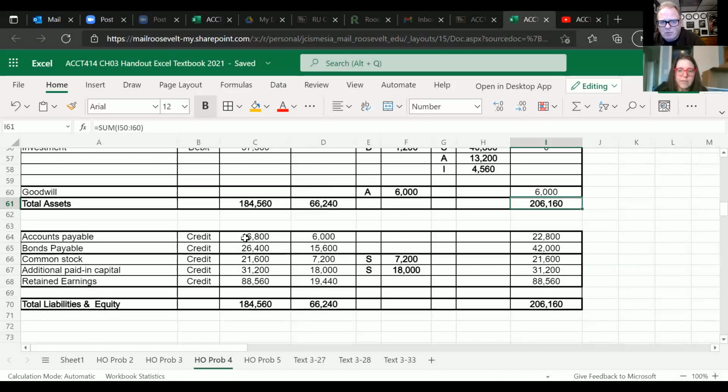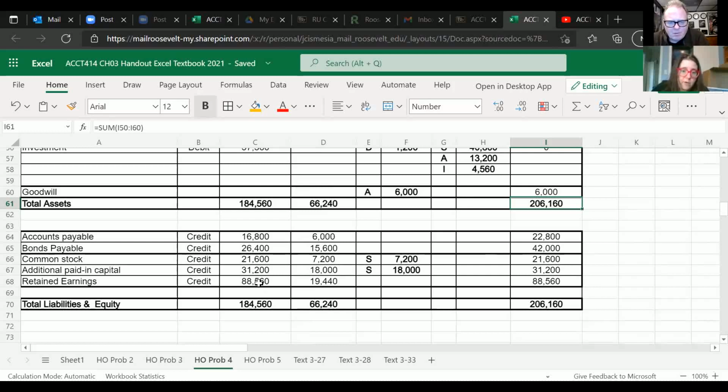And then down here we have accounts payable. So we add the first line, add the second line for bonds payable. Common stock, we take out the Bill lines, and then come down to retained earnings. Those are just the same as the Amy column, the 21,600 and 31,200.